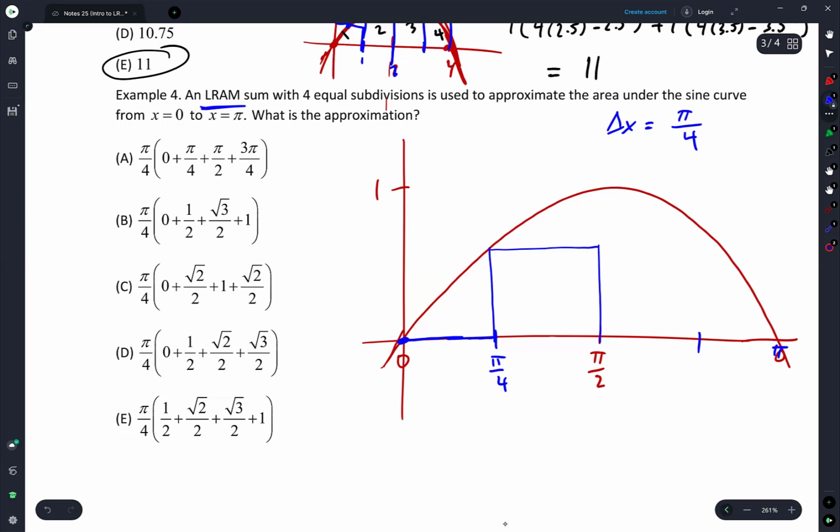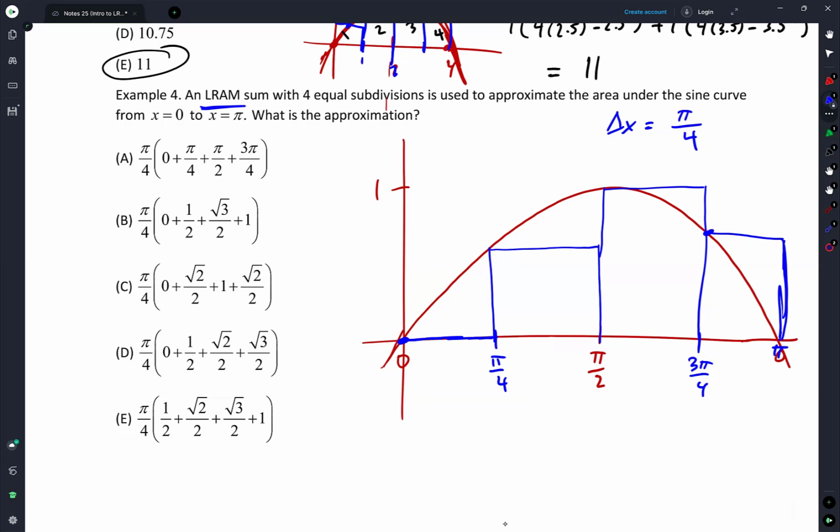Then the next rectangle is from pi over 2 to 3 pi over 4. And then finally, the last one is from 3 pi over 4 to pi.